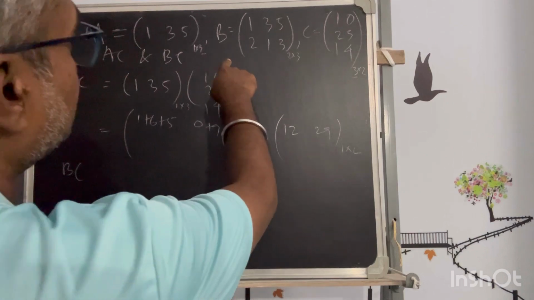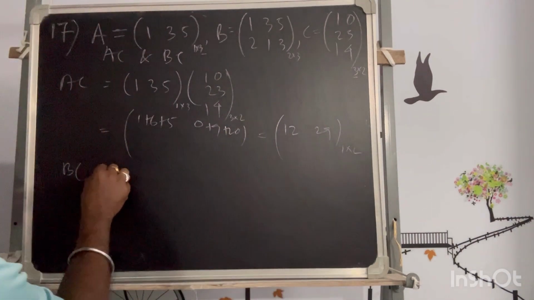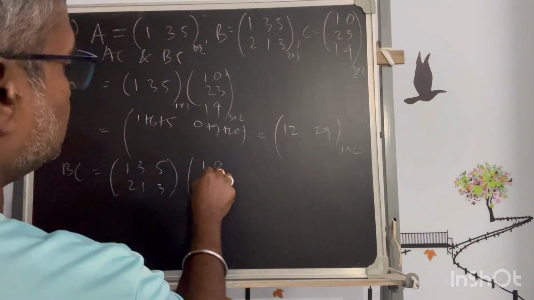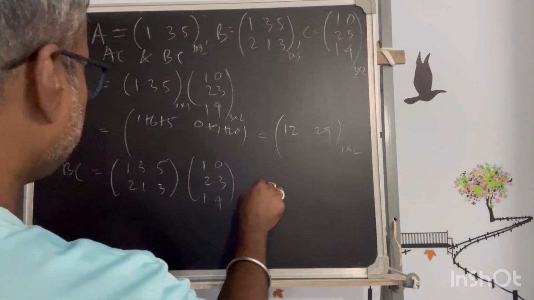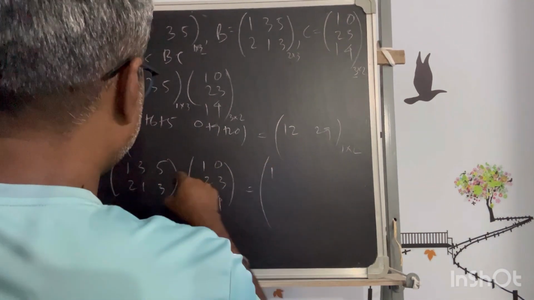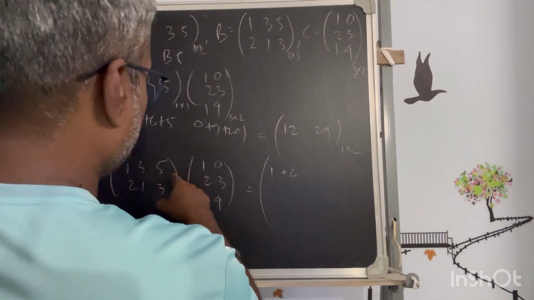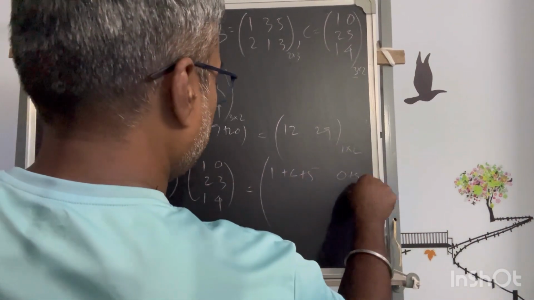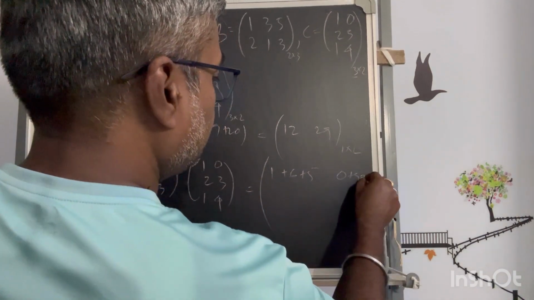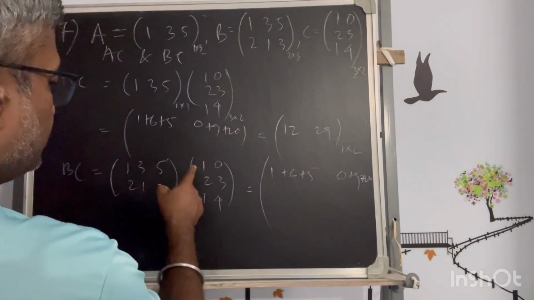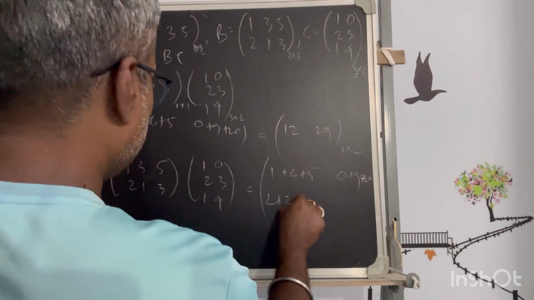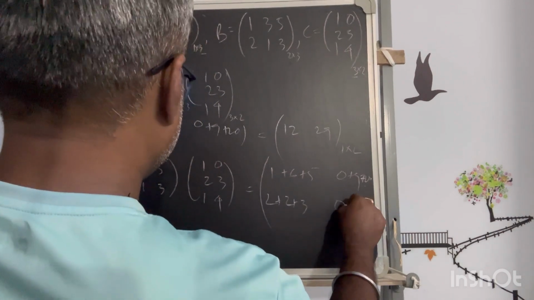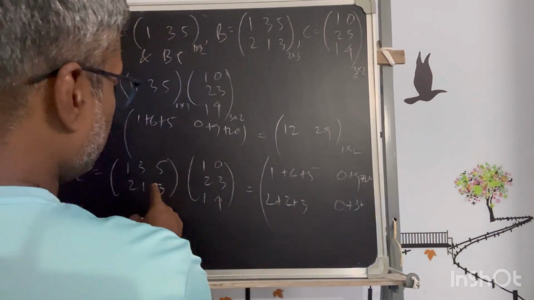BC. So for BC, 2 into 3 and 3 into 2, this is also possible. So 1, 3, 5, 2, 1, 3, 1, 0, 2, 3, 1, 4. So 1 into 1, 1; 3 into 2, 6; 5 into 1, 5; 1 into 0, 0; 3 into 3, 9; 5 into 4, 20, plus 20; then 2 into 1, 2; 1 into 2, 2; 3 into 1, 3; 2 into 0, 0, plus 1 into 3, 3, plus 3 into 4, 12.